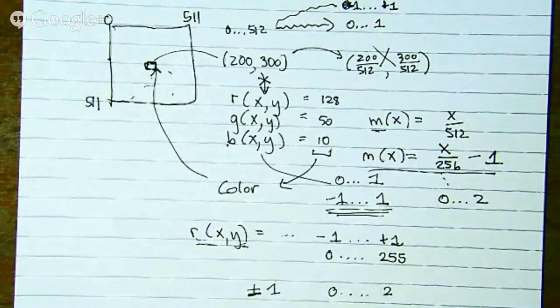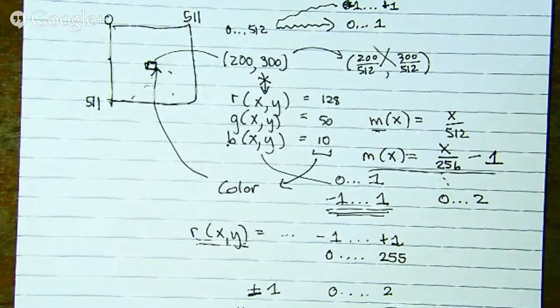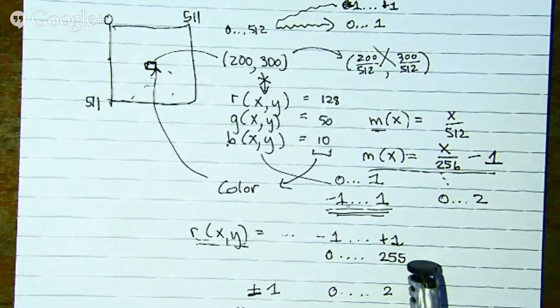So I'm going to multiply this by, Scott, you're the expert. What do I multiply by? Ooh, but if I multiply the 2 by 256, I'll get 512. And I really want to be in the range 0 to 255, 256.